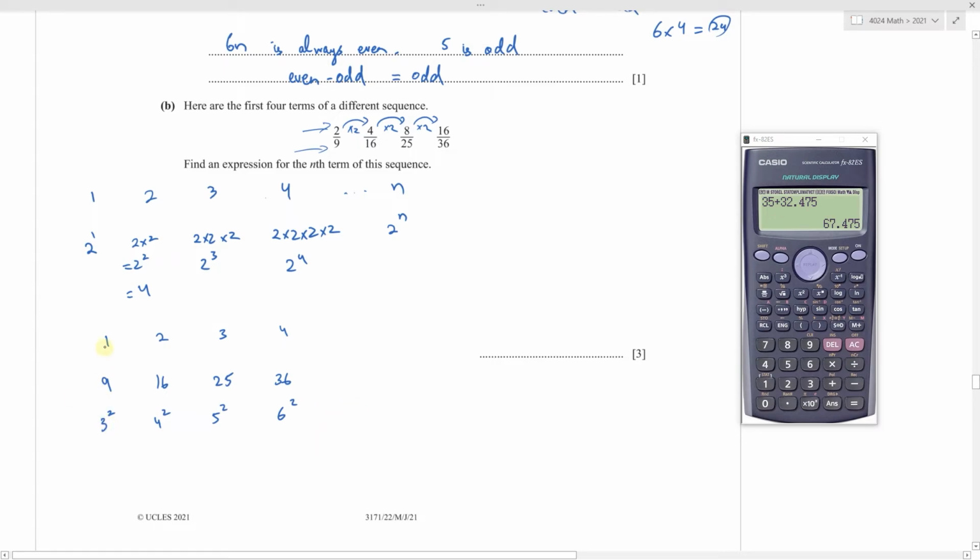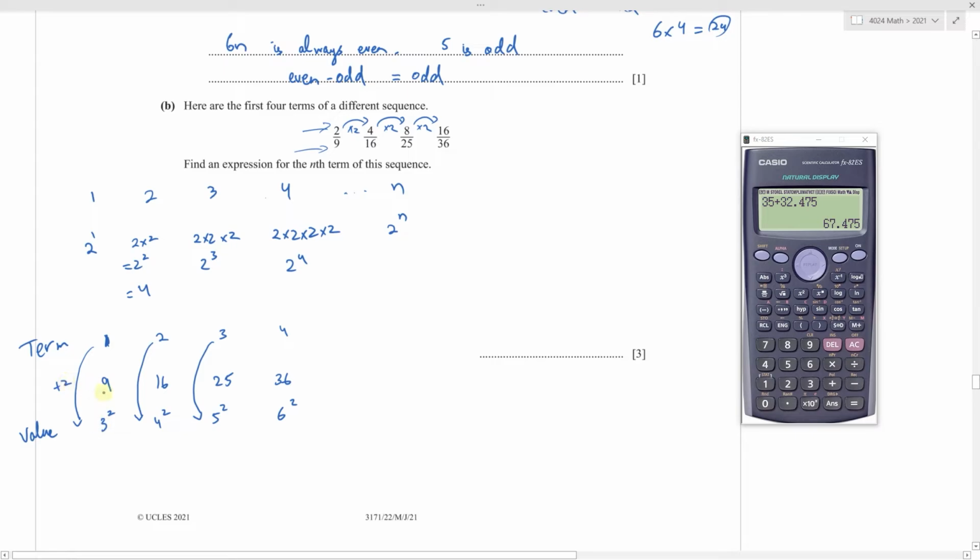So for the first term, you have 3 square, second term is 4 square, third term is 5 square, fourth term is 6 square.